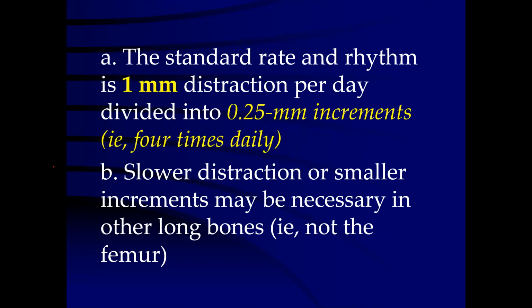The standard rate and rhythm is 1 millimeter distraction per day, divided into 0.25 millimeter increments 4 times daily. That is, you divide the 1 millimeter into 4 parts and gradually increase the length.